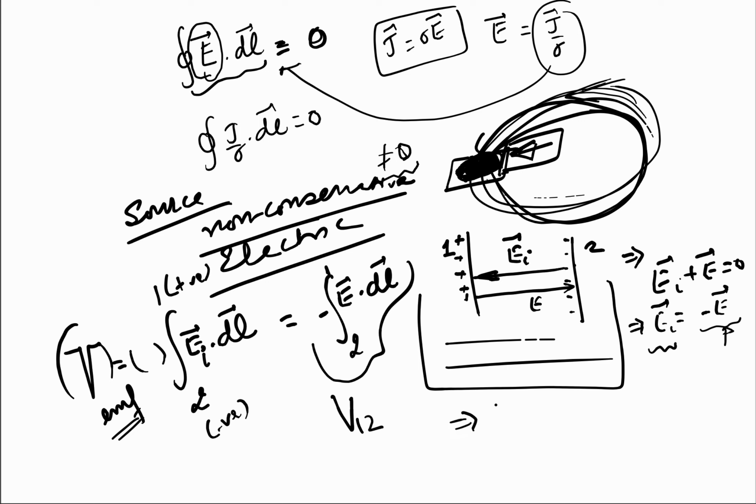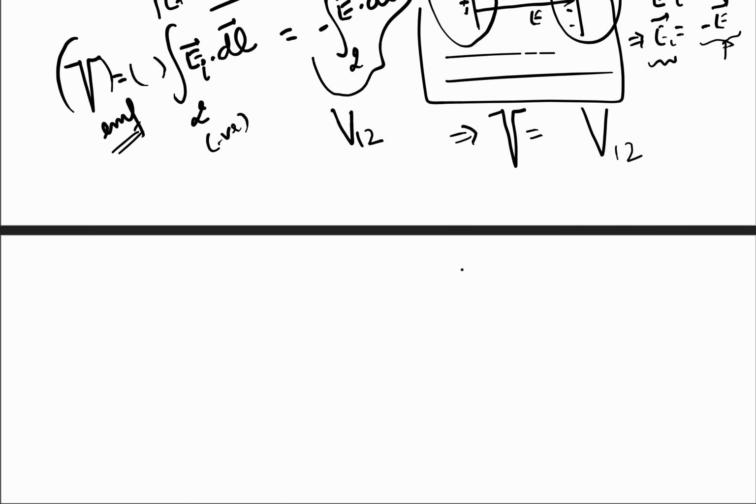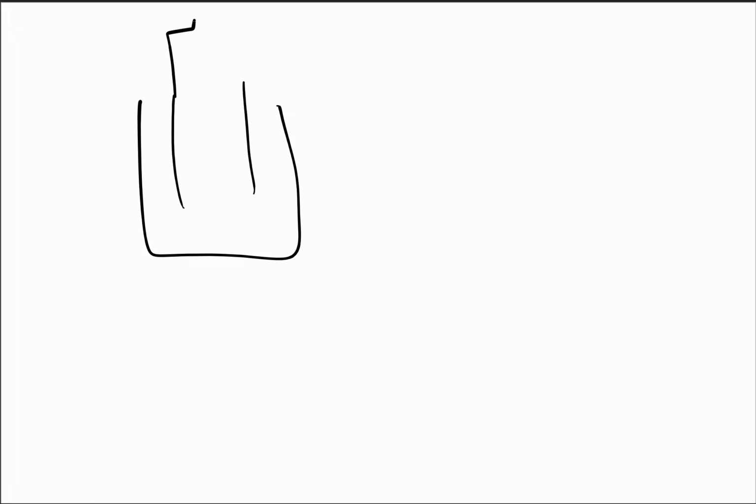So you see that the EMF created by the non-conservative field in the battery is equal to the electrostatic potential between these two points because of the electrostatic field. Now, you know that if I close this circuit by connecting some external resistor or some conducting material which is ohmic in nature, then this E is not equal to 0 in the battery as well as outside, that is, in the conductor.